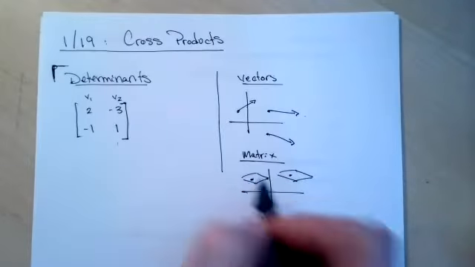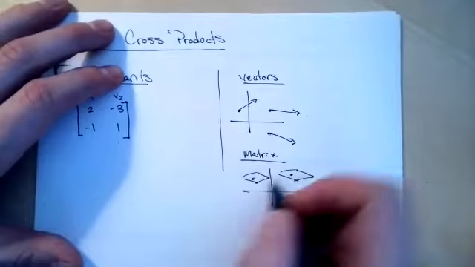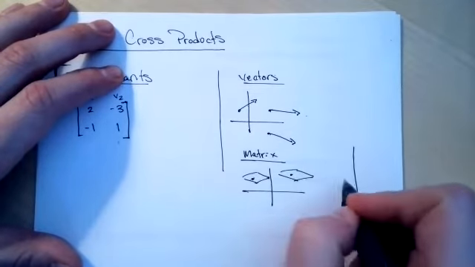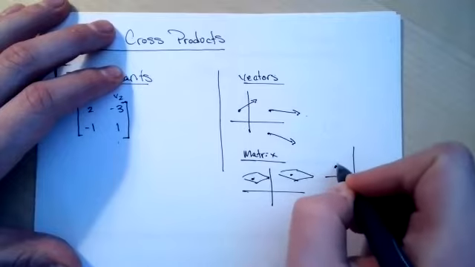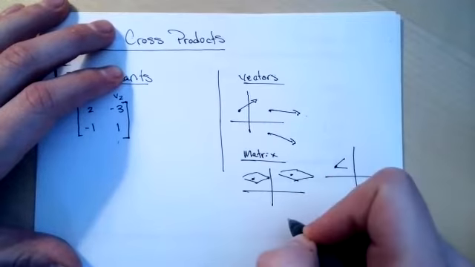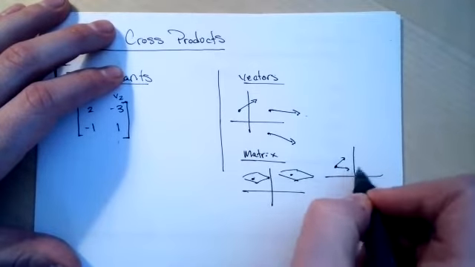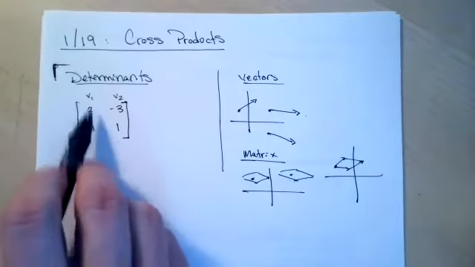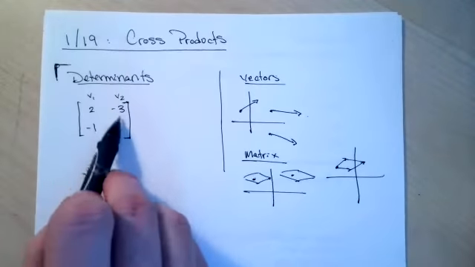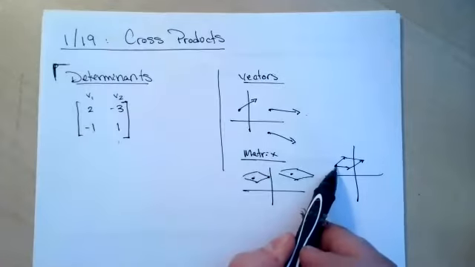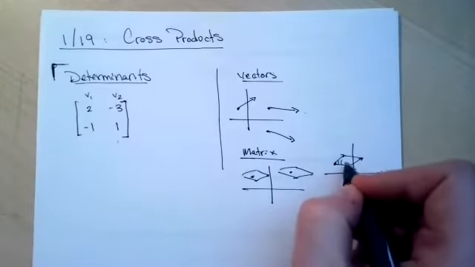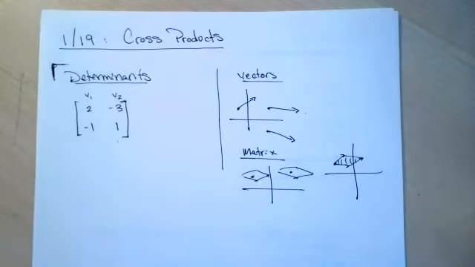I drew it with the dots at the center, but other interpretations are where you might have a pair of vectors at a given point, and that pair of vectors forms a parallelepiped. So we might have two vectors, 2, -1, and -3, 1 at a given point. And then the determinant is going to give us the area of this parallelepiped. So that's a little bit of geometric information.